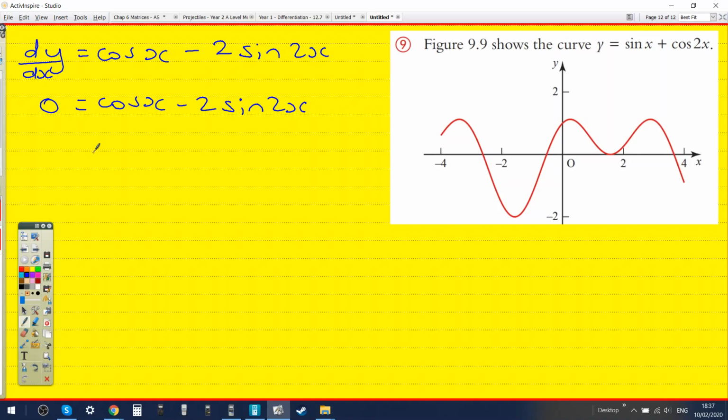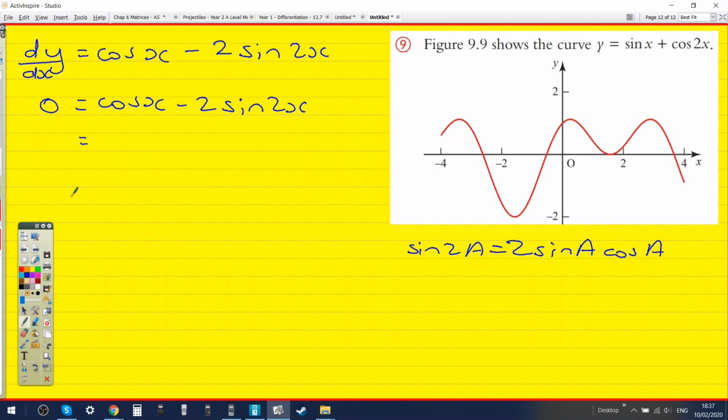I'm not 100% sure. I can't remember the sine double angle formula. Sine 2a is equal to 2 sine a cos a.